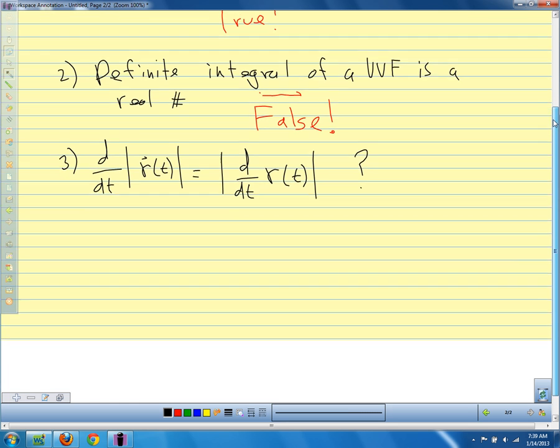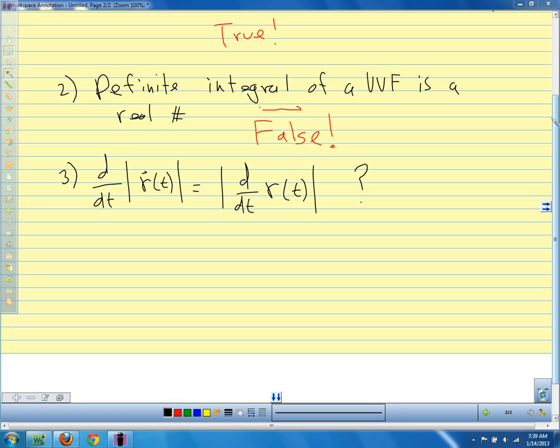Why would it be false? Well, this would be a scalar function that depends on time, right? They're both magnitudes, so they both come out scalars. Or are these two scalars necessarily equal?